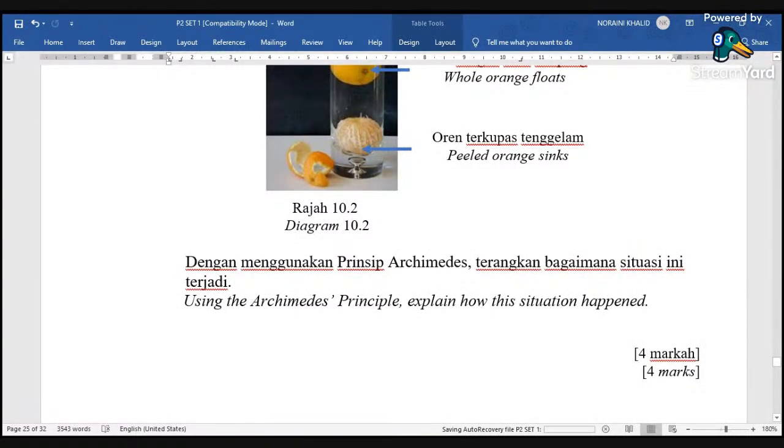Okay, the one with the skin, if orange with skin can float, means it produces larger buoyant force compared to the one which is peeled.